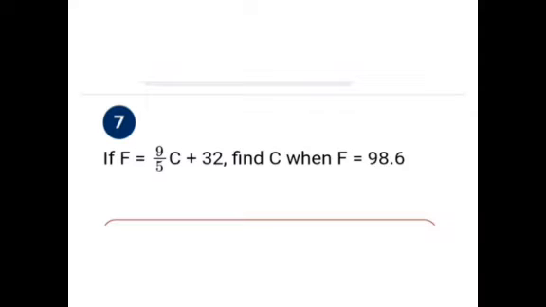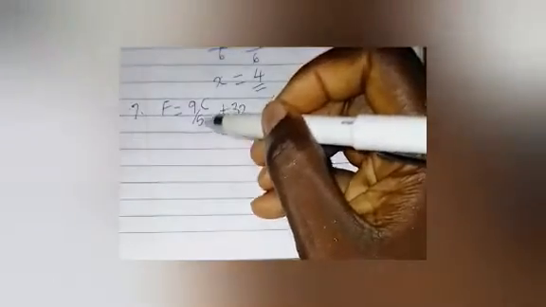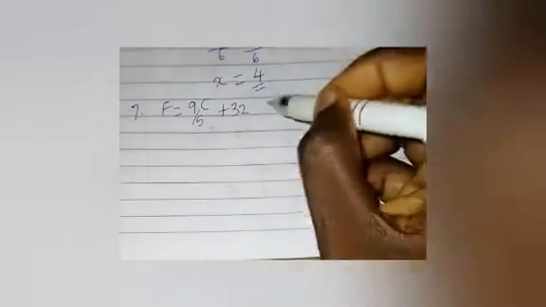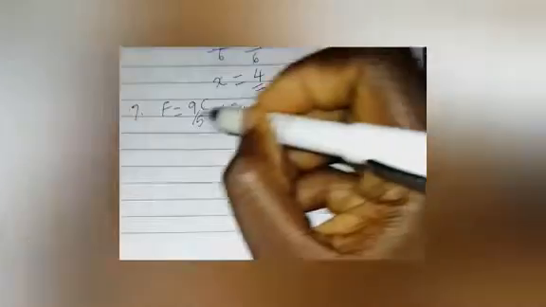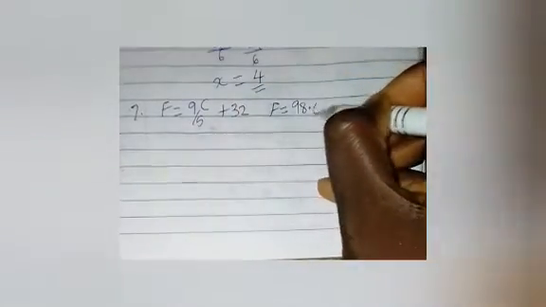Number 7. If F is equal to 9 over 5 C plus 32, find C when F equals 98.6.